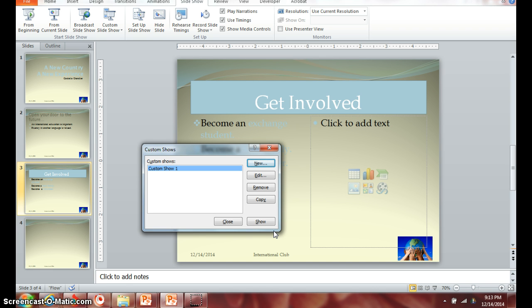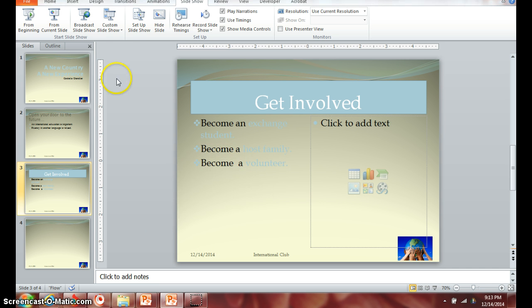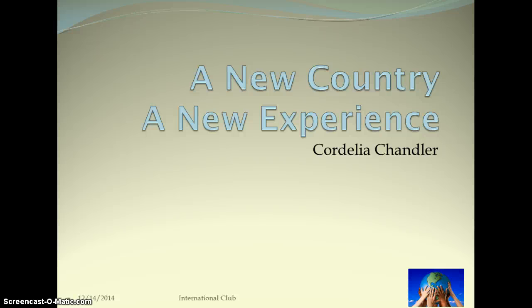So in the slideshow group, close your dialog box, and in your slideshow group, click Custom Slideshow 1. And page down on your keyboard, let's see, let me find my page down.